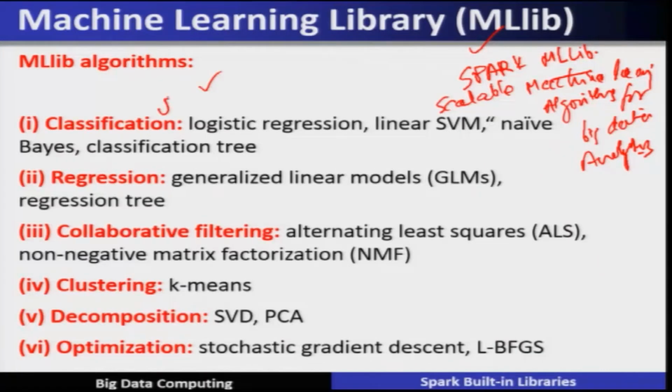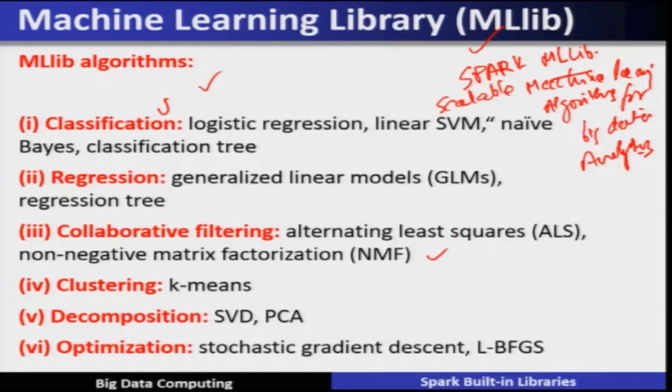For the classification application, algorithms like logistic regression, linear support vector machine, naive Bayes and decision trees are available as part of the MLLib library. For regression application, generalized linear model GLM and regression tree are available. Similarly, for collaborative filtering, alternating least squares and non-negative matrix factorization are available as part of MLLib.